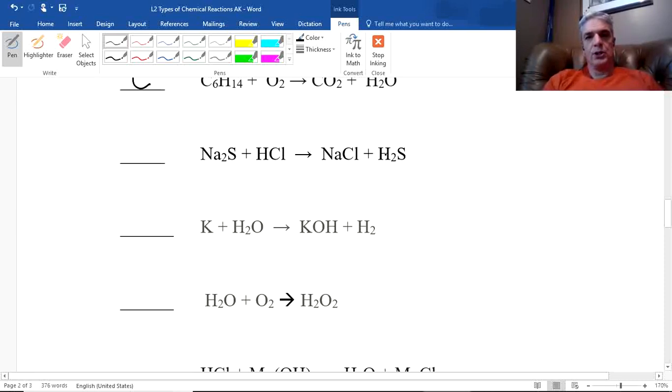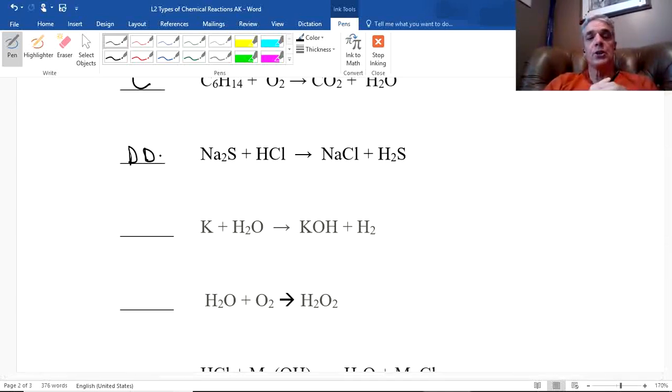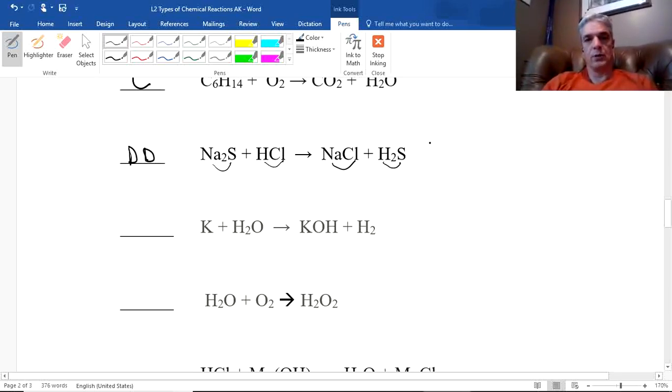And when 2 people trade, we then have what's known as a double displacement. That's that double crossover trade, okay? So we call that a double displacement. Notice how sodium was with sulfur, and then sodium becomes with chlorine, and hydrogen was with chlorine, and now hydrogen is with sulfur, okay?